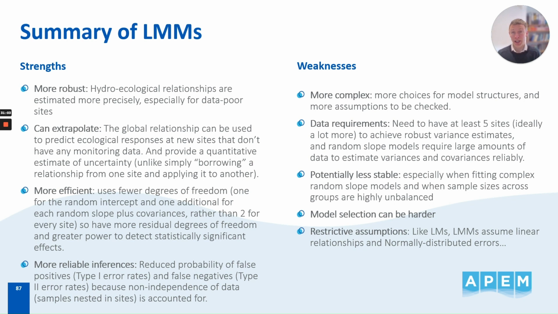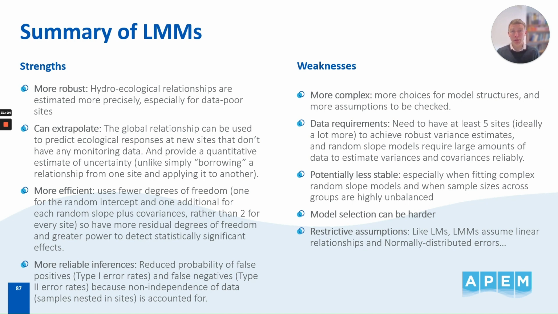Secondly, unlike standard linear models, we're also able to extrapolate. We get a global relationship which allows us to predict our ecological response at new sites that don't have any monitoring data. Now, you could, of course, take a standard linear model and take that relationship and assume that it applies to another location, but that is an assumption.